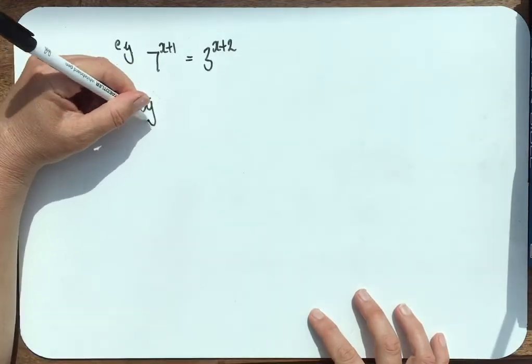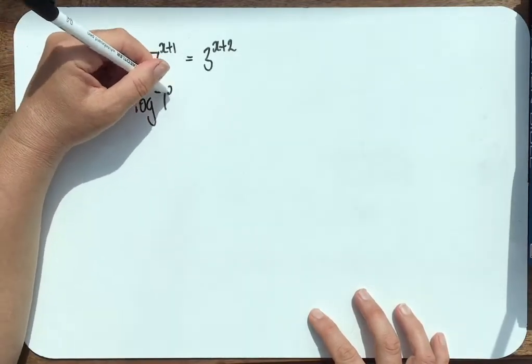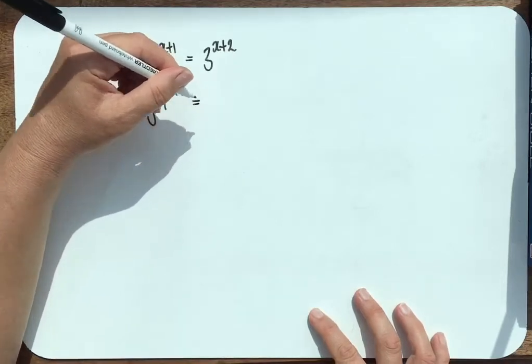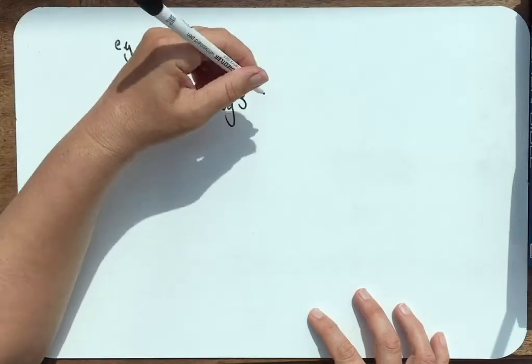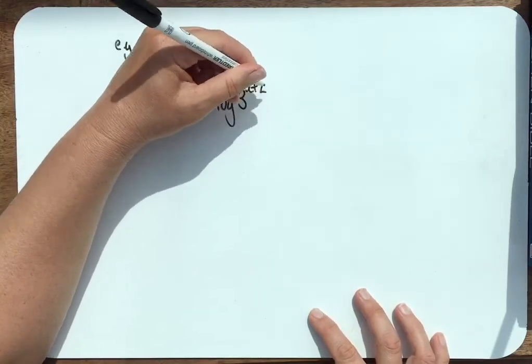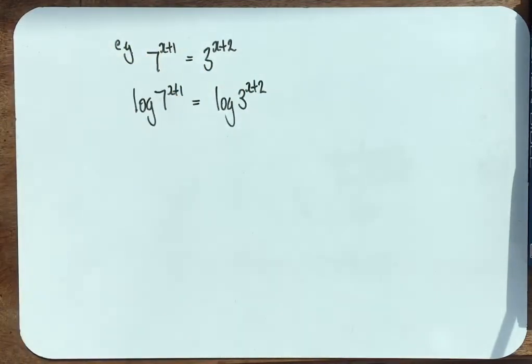So log of 7 to the x plus 1 equals log of 3 to the power of x plus 2.